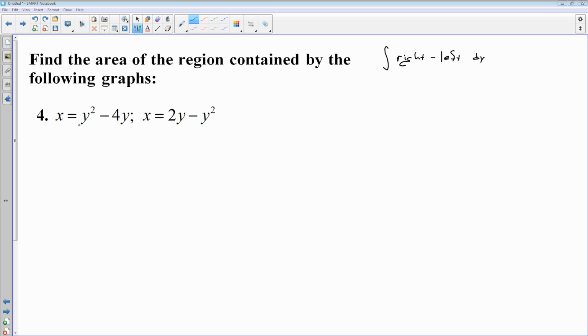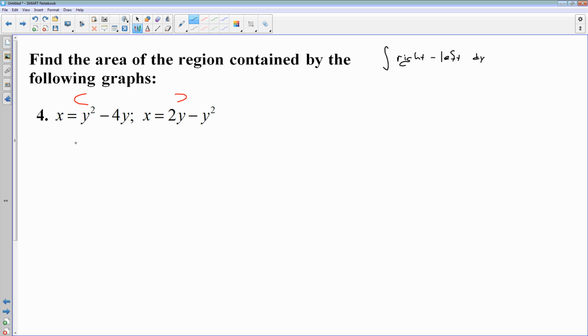This very first one, I see that it's x equals y squared minus some stuff. I know that this one is going to be a parabola opening to the right, because it's a positive y squared. This one is going to be a parabola opening to the left, because it's a negative y squared. And then in order to find out where those graphs are going to hit, I'm going to find the intercepts, except this time we're actually going to find y-intercepts.